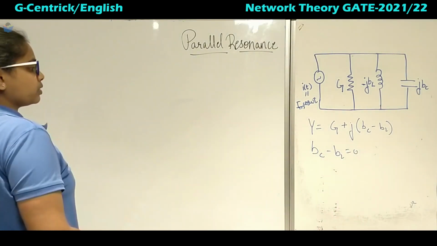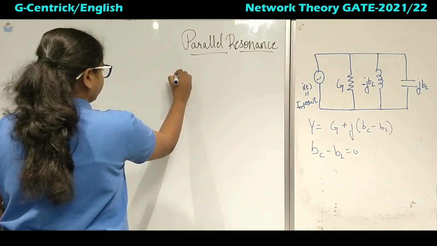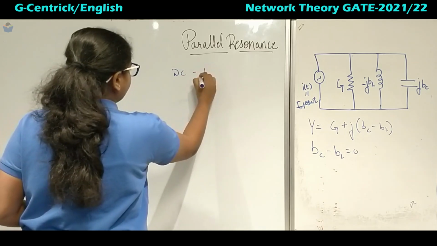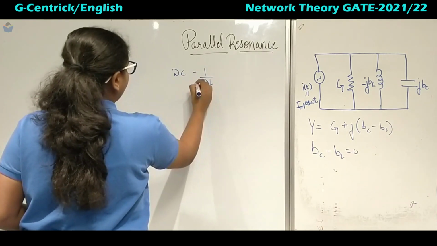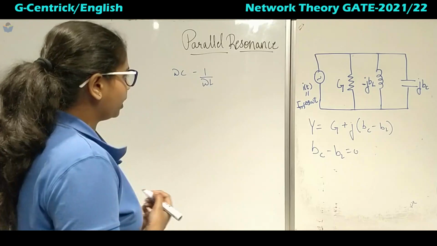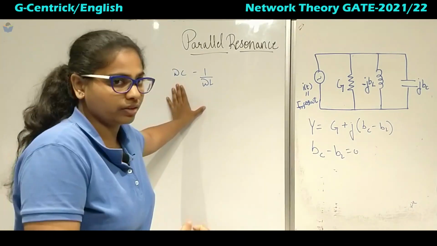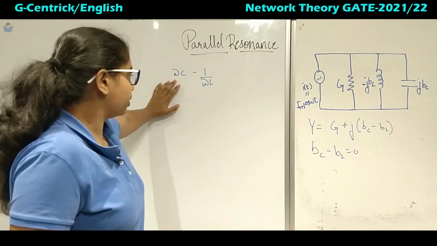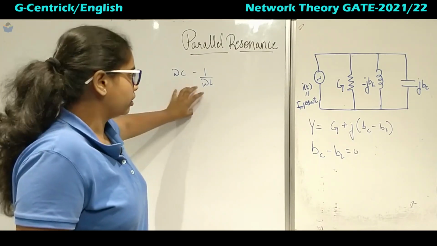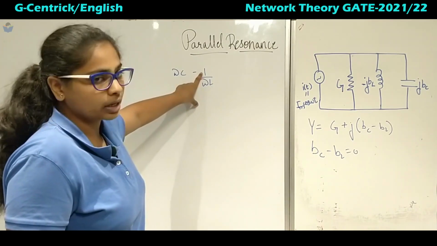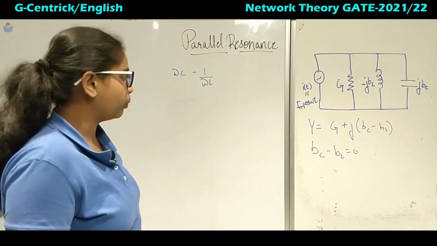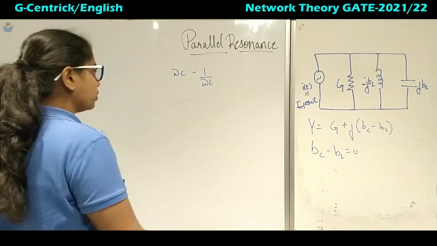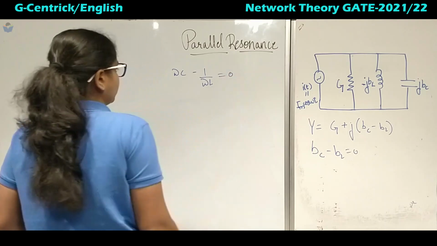So this BC minus BL, I can write as omega C minus 1 by omega L, right? This will be in reverse. It's in parallel, so it will not be 1 by omega C, it will be just omega C. And the inductor, when it was omega L, it will become 1 by omega L. So this will be equal to 0.